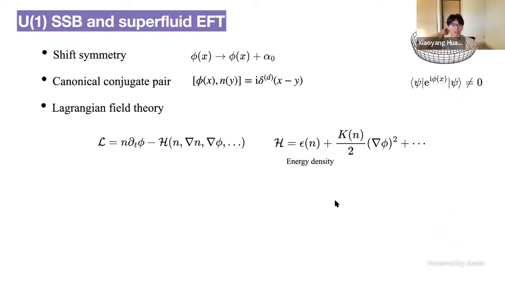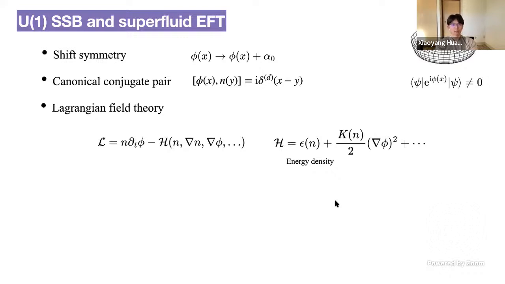So recall that we have the canonical pair between the phase variable and the charge density. We can write down a Lagrangian field theory just as a classical field theory textbook would do. The first term would capture the two canonical conjugate variables, and you add a Hamiltonian by hand.